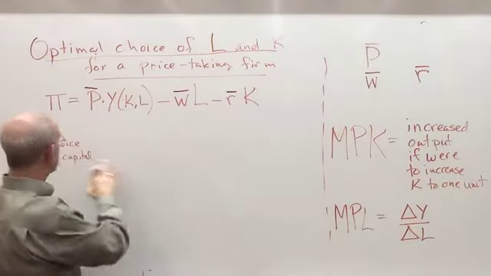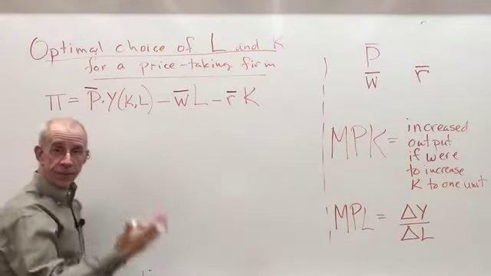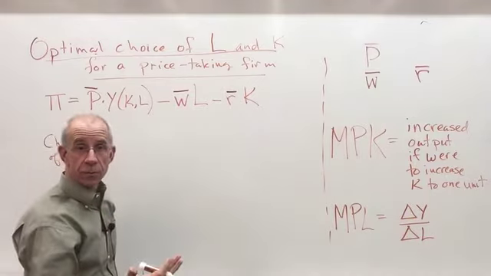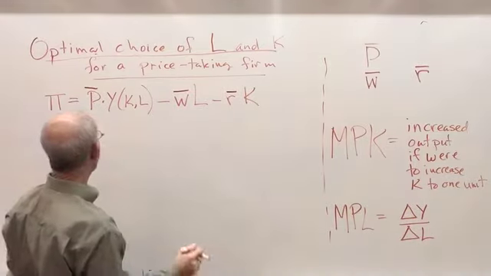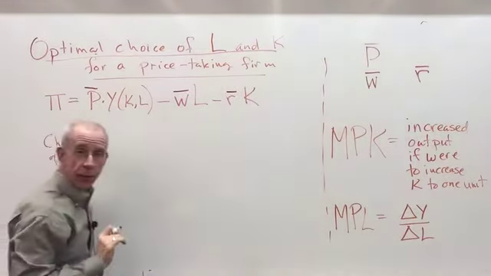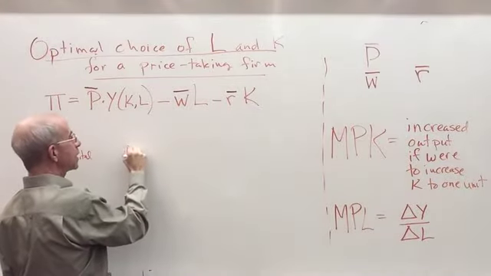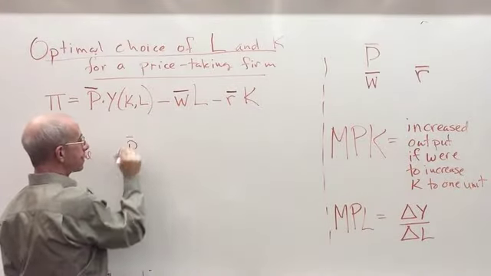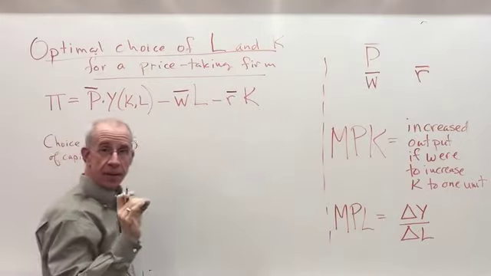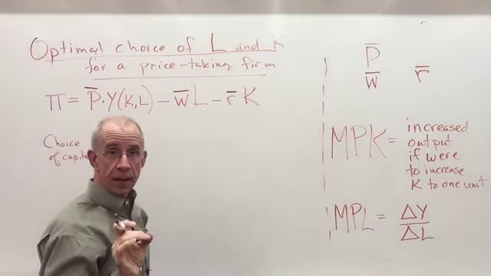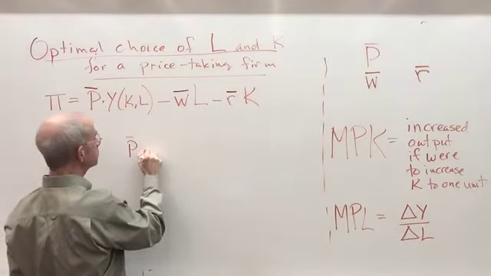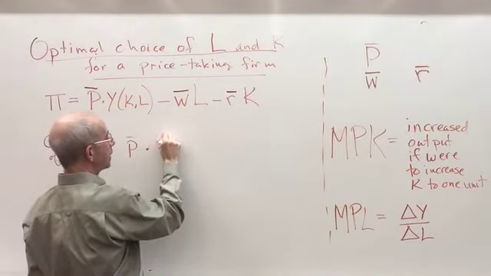So how does profit change when you do vary the choice of capital? Well, how does revenue change? Well, they can't change the price, but if they change the amount of capital, they change the output.